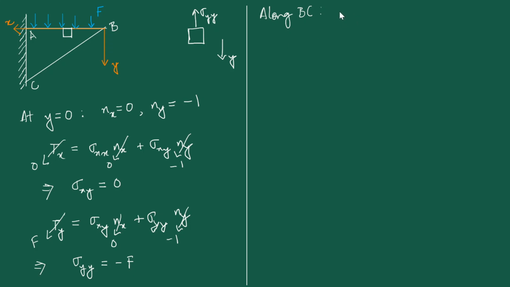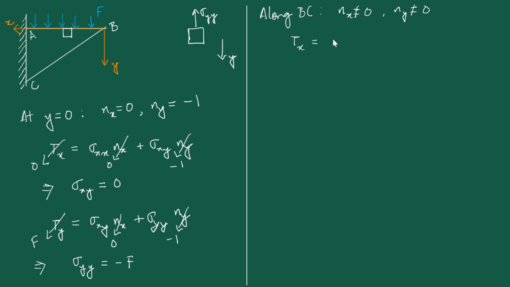So both nx and ny will be non-zero. That much I can write. They will be some cos theta and sin theta, based on what angle is specified here. You can figure that out.